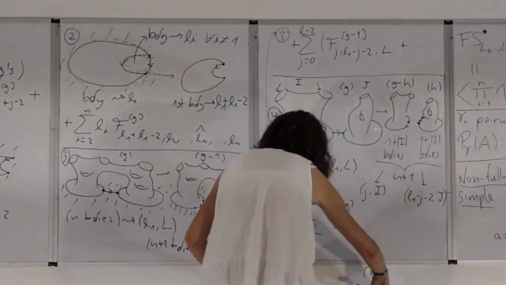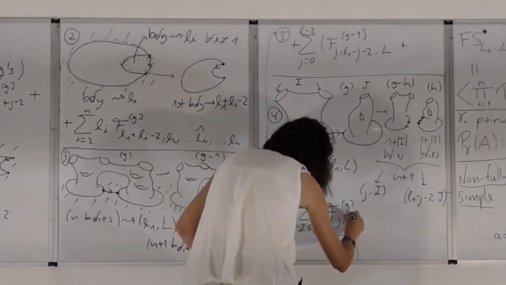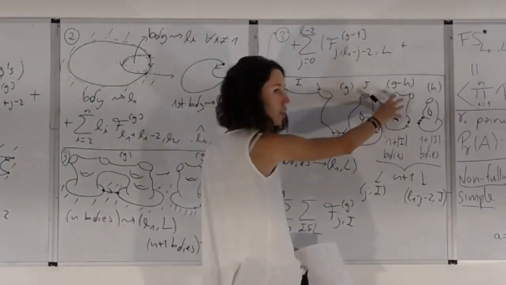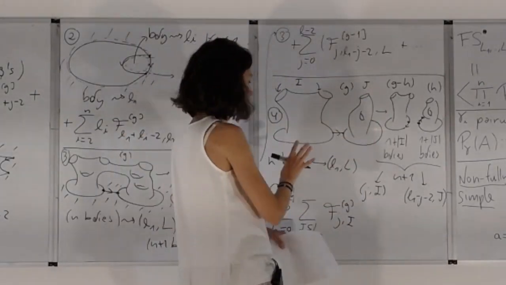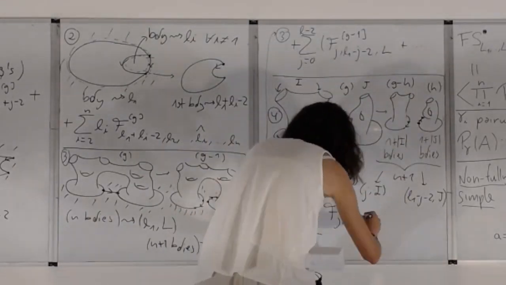Sorry, this is not L, this is I, of course. Okay, so now this is the generating series for just this component. We are in the disconnected case, so that's why we will get a product, as in the topological recursion formula.